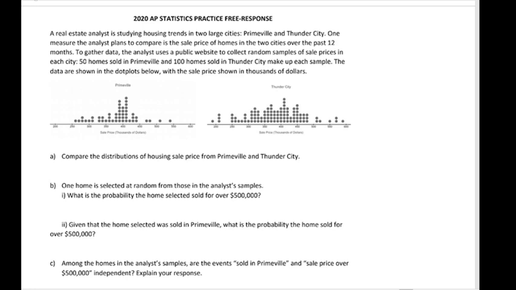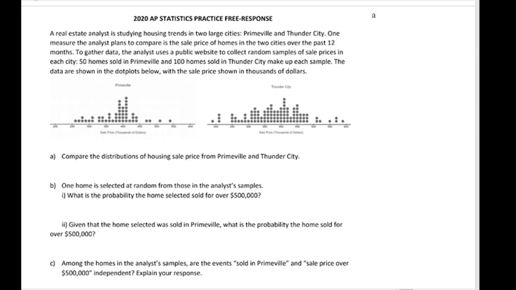All right, so let's get this going. First things first, it's asking us to compare the distribution of housing sale prices from Primeville and Thunder City. So anytime it asks us to compare or describe, that is where we want to have that Pavlovian response of shape, center, spread.